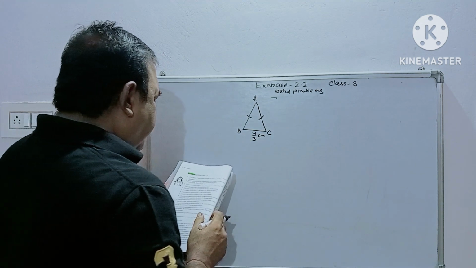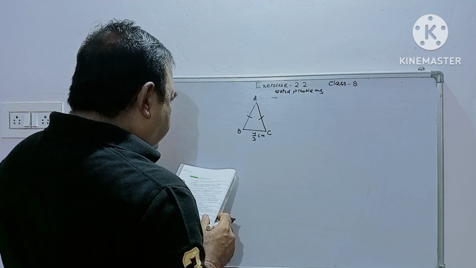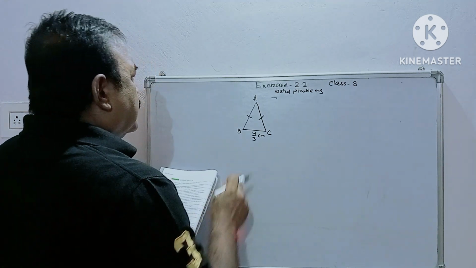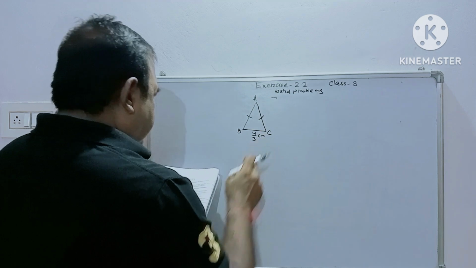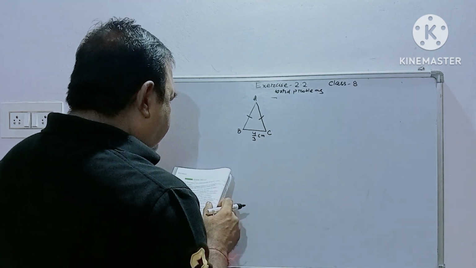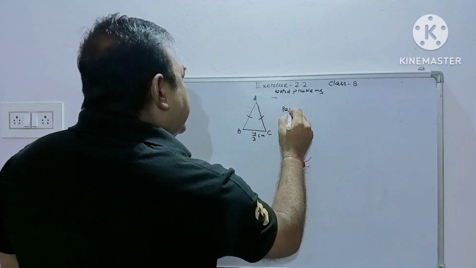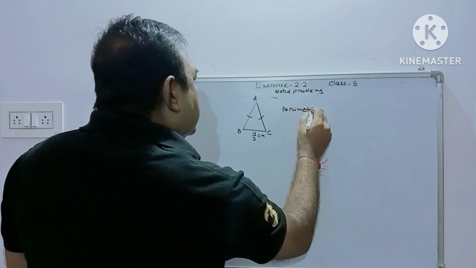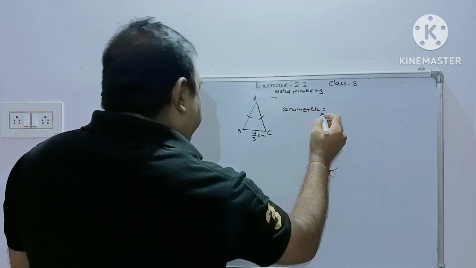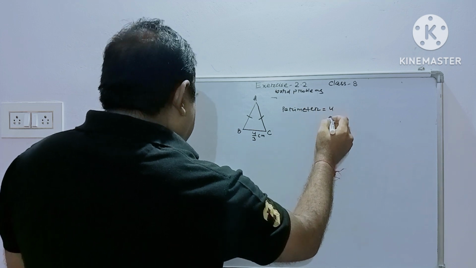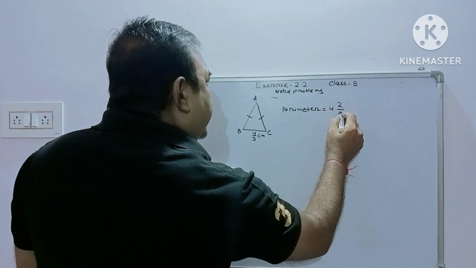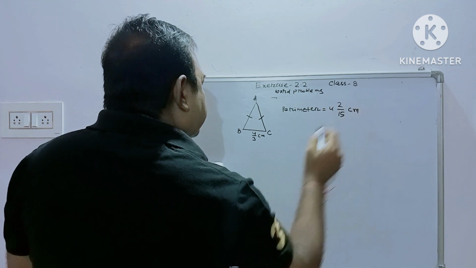So what has been given? The perimeter of the triangle. So the sum of all the 3 sides is the perimeter. So the perimeter is given here, that is 4 whole number and 2 upon 15 centimeter.